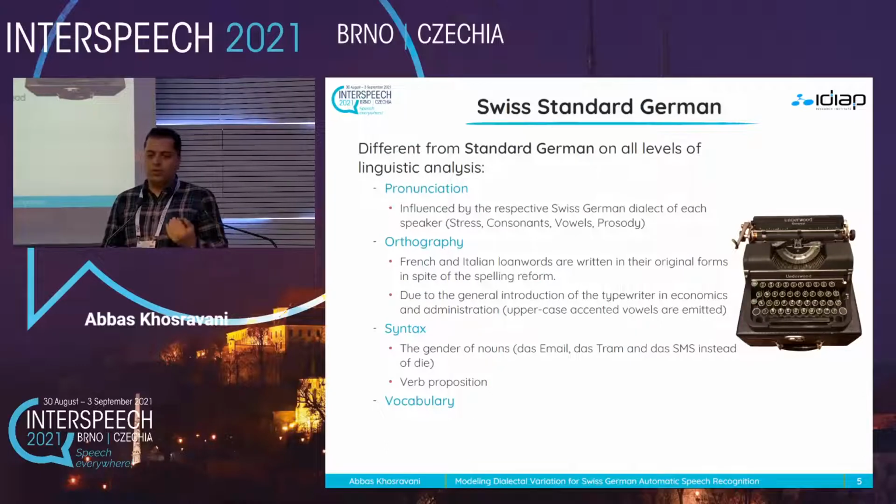And also due to the introduction of the typewriter and the fact that they had to type in German, French, and Italian, there were limited keys on the typewriter, so that caused some malformation of the words. And there are also differences in syntax and definitely in vocabulary.